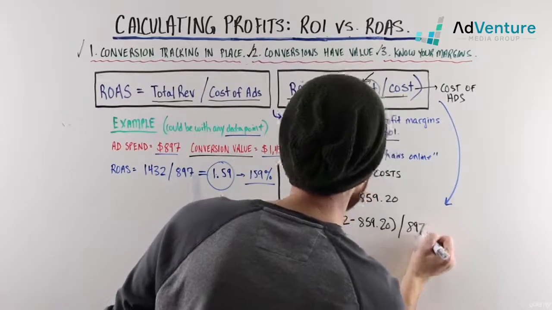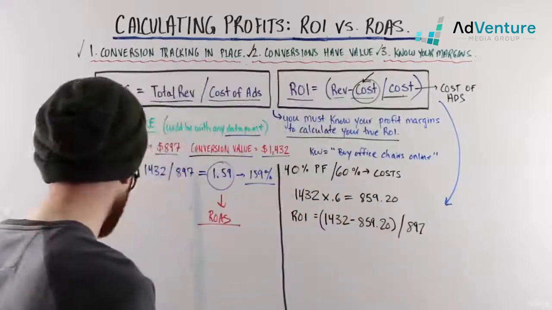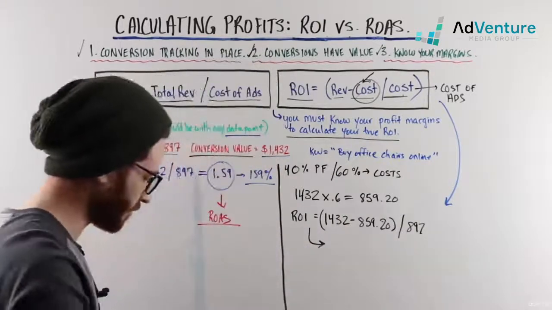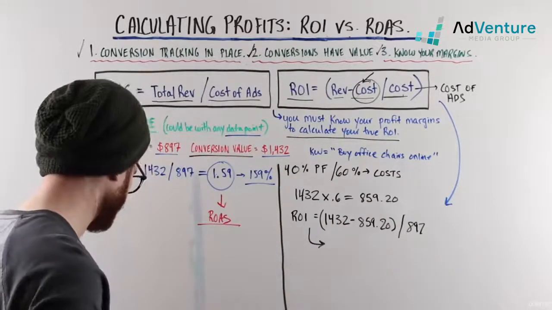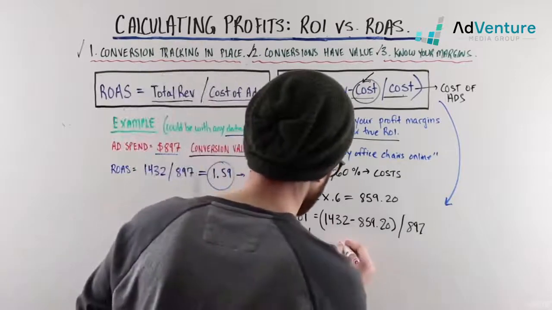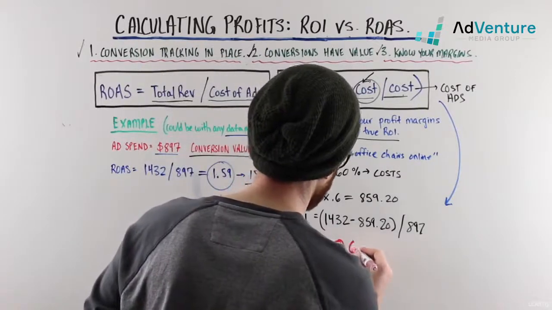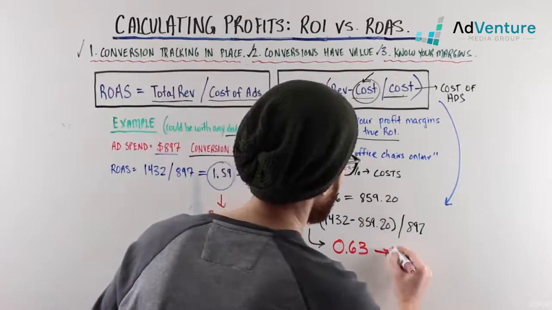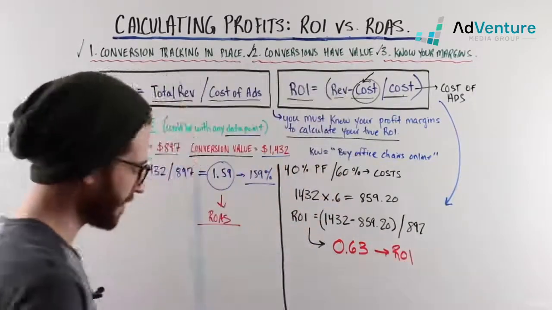And do you know what we get when we plug in these numbers here? We get a total, and let me put this in red because it's a red number. Red is bad. 0.63. All right, I hope you're following along with your calculator. And this is our ROI for the same conversion value, but with different profit margins.